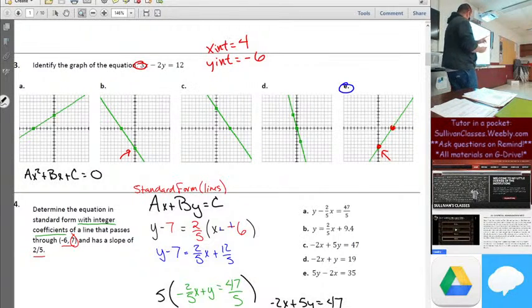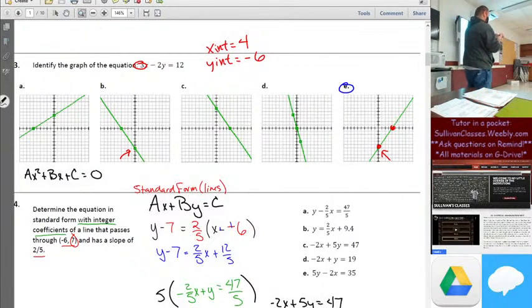In one problem, you have to know what standard form is. You have to be able to start in either point-slope form or slope-intercept form, change them to that form, remember what an integer is, and then alter the equation to make integers. That's a lot of things piled into one.